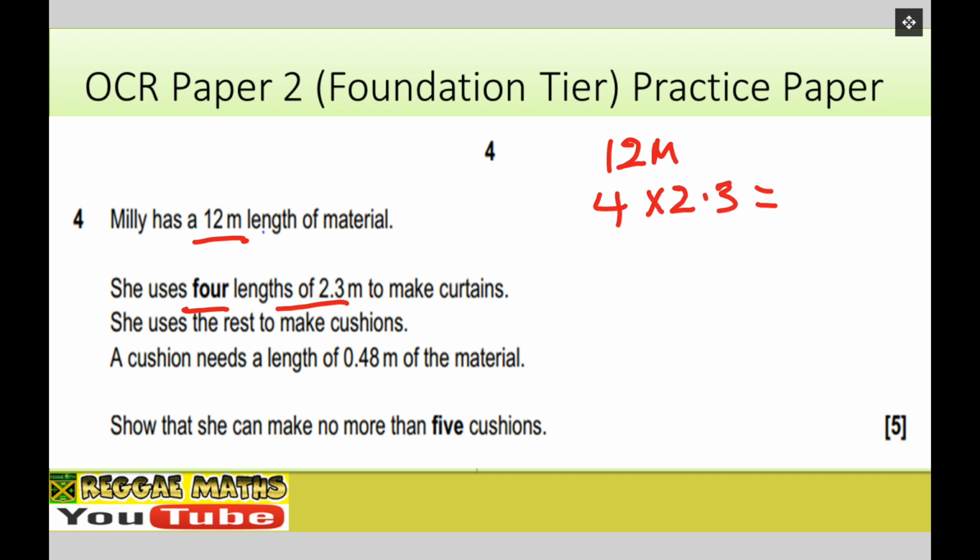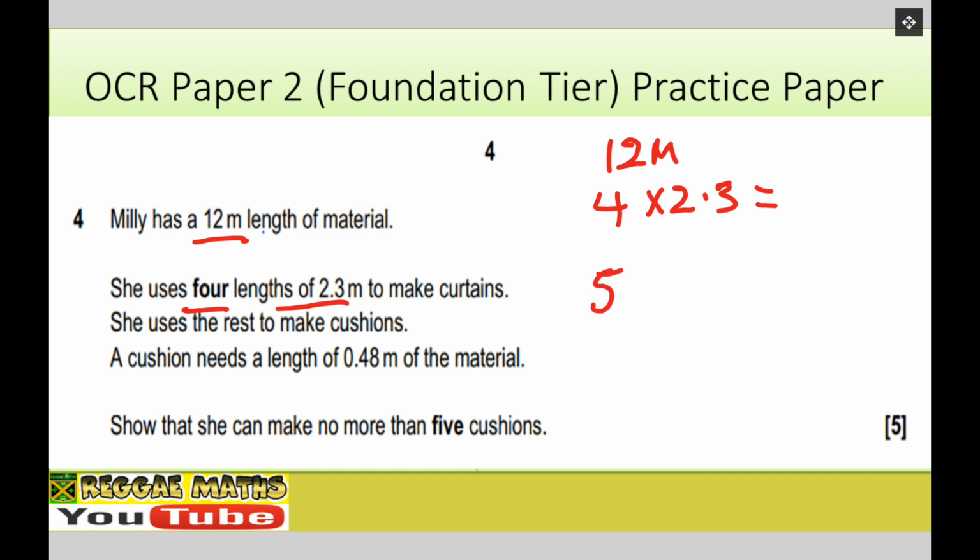I'm taking out all the maths. And then it says a cushion needs a length of 0.48 of the material. So it says show that she can make no more than 5 cushions. Again, you can take all the information.